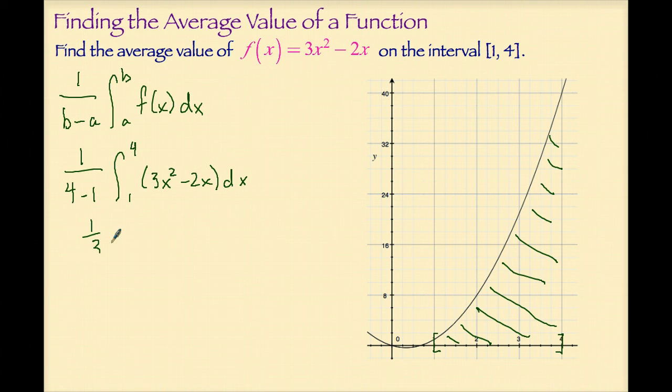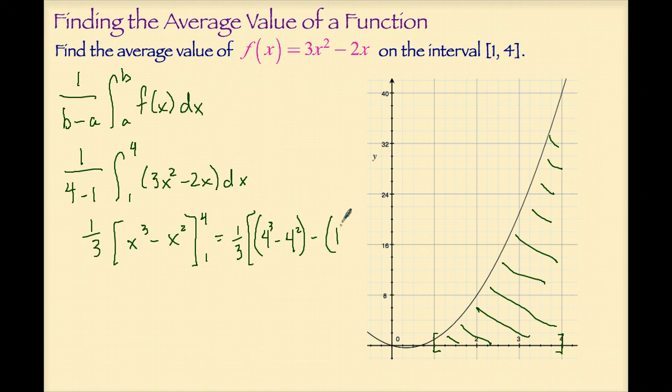That's 1/3 times the antiderivative, which is x cubed minus x squared, and that will be evaluated from 1 to 4. This is then going to be 1/3 times 4 cubed minus 4 squared, and then we'll subtract the value at 1 cubed minus 1 squared.